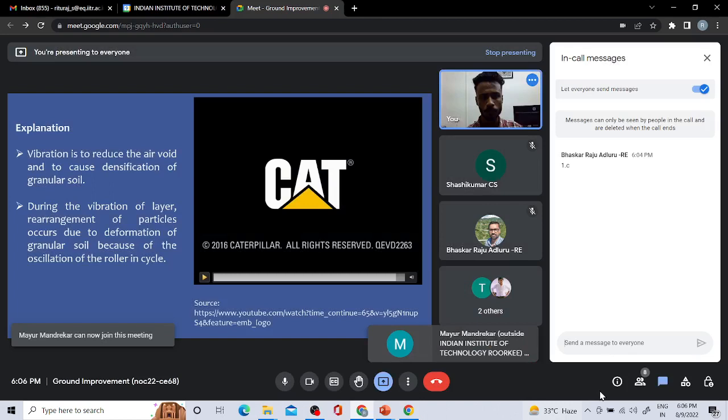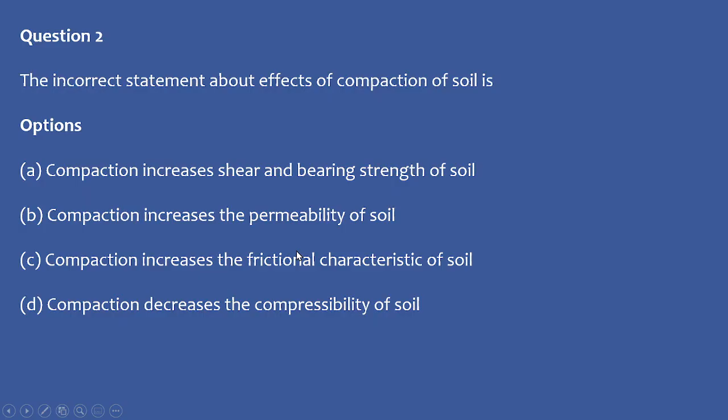Moving to the next question, you need to select the incorrect statement about the effect of compaction of soil. Among these four, which do you feel is incorrect? Just give your answer in the chat box.